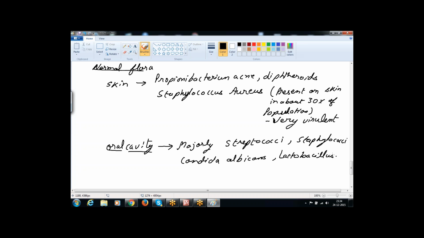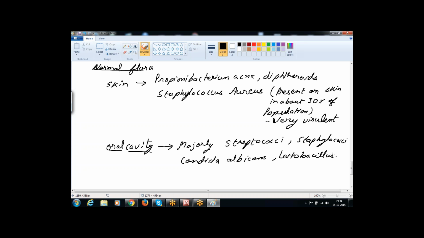So only if somebody is weak, malnourished, suffering from some other disease which has made them very weak, only in such individuals will candida invade and cause problems. In a normal healthy person, candida cannot cause candidiasis.